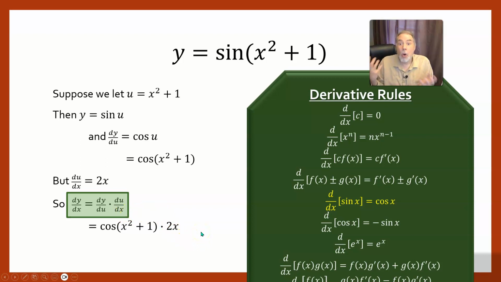So that altogether is the derivative. That's y prime, or dy dx. It's the cosine of x squared plus 1 times 2x. Or it might be better to write that as 2x times the cosine of x squared plus 1 to make it completely obvious that the 2x is not part of what we're taking the cosine of.